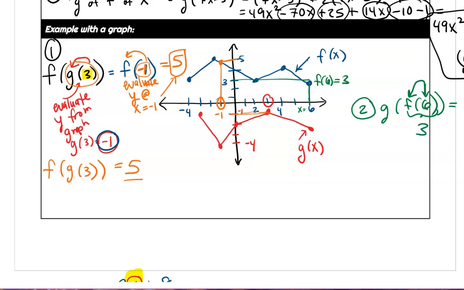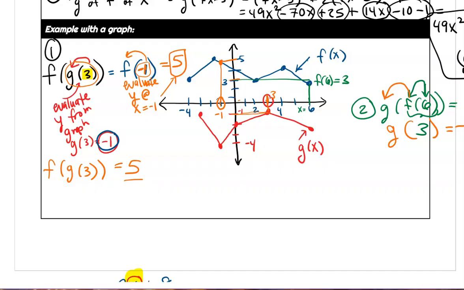So then I have to take that result and plug that into g. So now I have to do g of 3. So now this 3, that was a y value, now I have to go to the x-axis where x is 3 and then plug that into the g function. And okay, so I ended up with -1 again, but that's okay. When I go to 3 on the x-axis, which is right here, and I look at the y value on the g graph, I get -1.